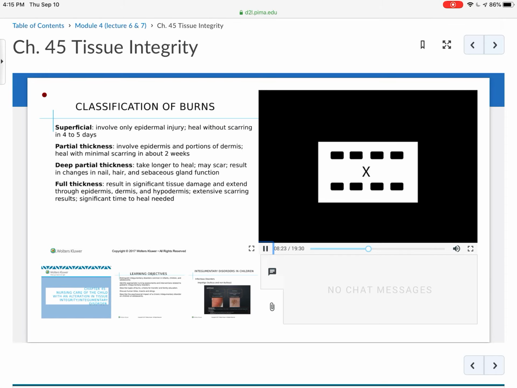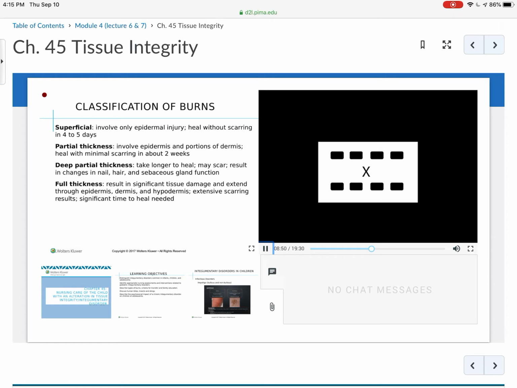Some of the child abuse burns, there's a little box on page 1762, and it talks about the inconsistency in the story. Delay in seeking treatment is always one of them. The uniform appearance of the burn, so clear delineation of the burned and non-burned areas, like a hot object held on the skin, some type of coin that was heated and held on there.